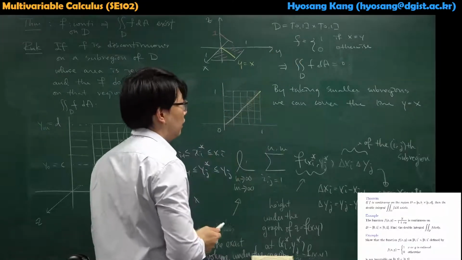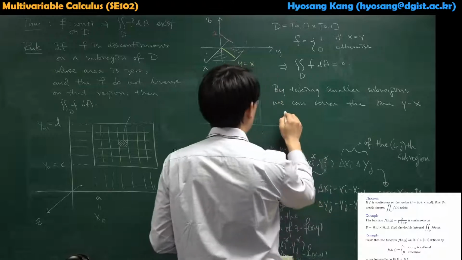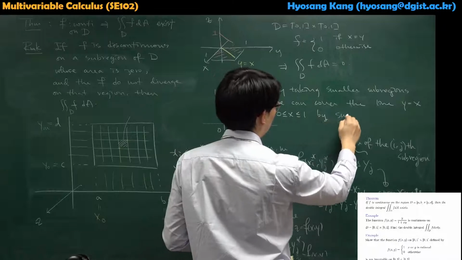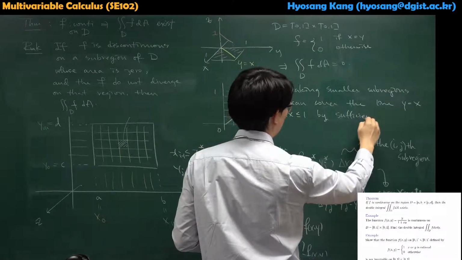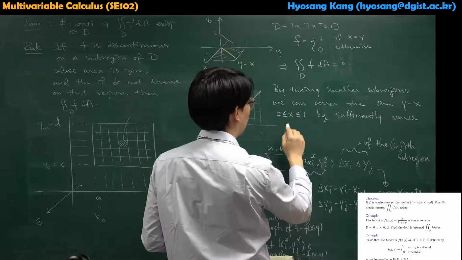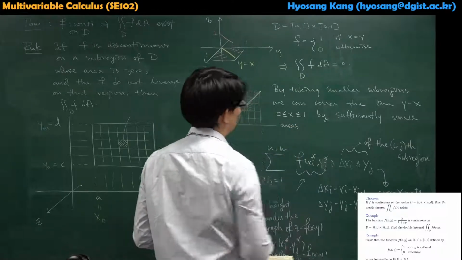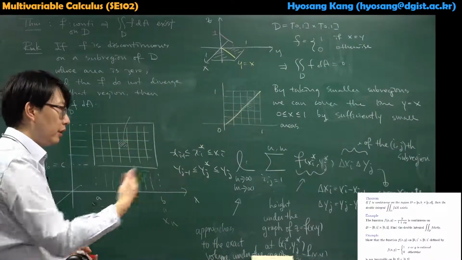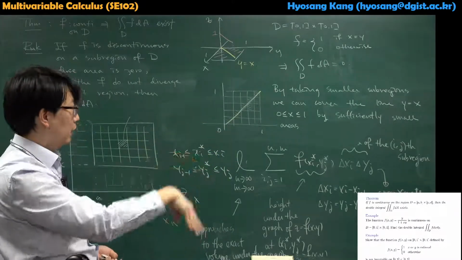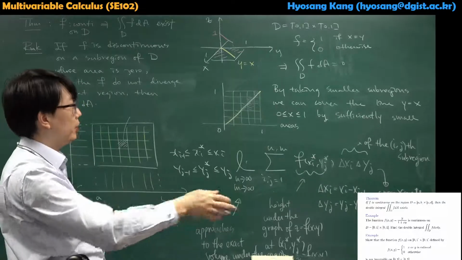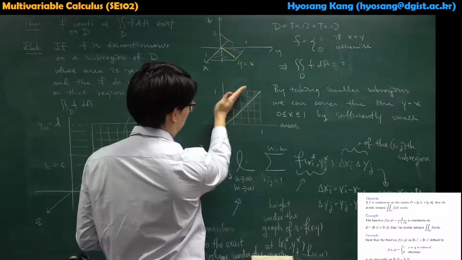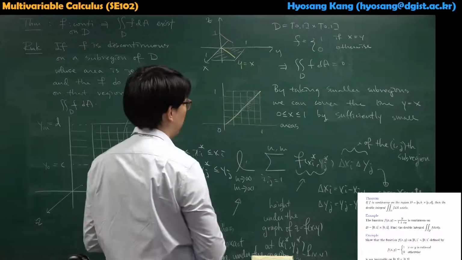I just take this line segment where x is from 0 to 1 by sufficiently small areas. So even though I take a non-zero height, the area under that point is getting 0, so there's nothing to be added. I know that this double integral becomes 0 because the other regions have height 0 everywhere.